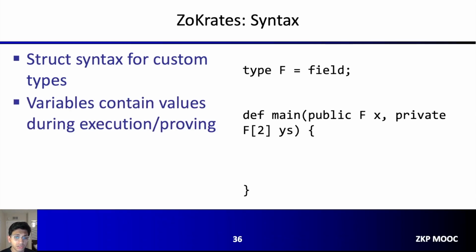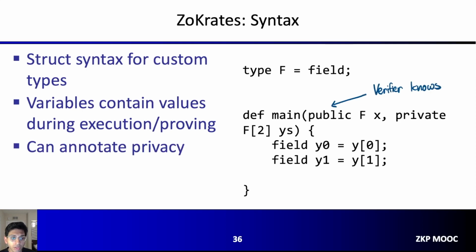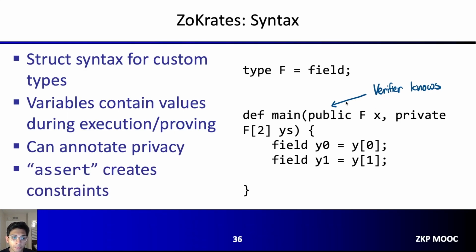And inside this function and subsequent other functions, we can define new variables which have values that are used during execution or proving. We can annotate the inputs to the main function in terms of their visibility. So in this case, this variable x is public and is known to the verifier. And finally, we can enforce specific constraints on these variables via the assert keyword.